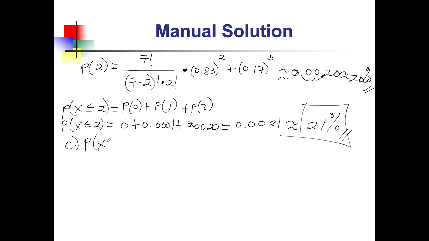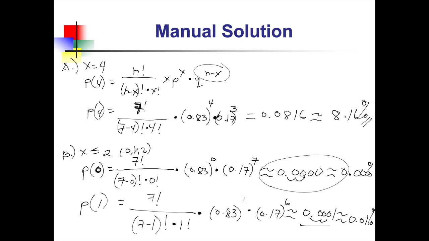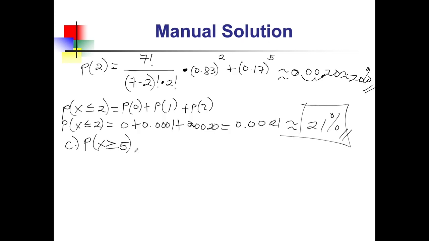Hindi na tayo dito gagamit ng less than or equals. Greater than or equals 5 na tayo dito. Sir, bakit naman naging gano'n, naging baliktad? Kasi kung titingnan nyo, at least 5. Pinakakonti na daw yung 5 tao yung mag-a-agree sa statement. And kung pinakakonti na yung 5, ibig sabihin nun, yung value ng x, pwedeng lumagpas ng 5.